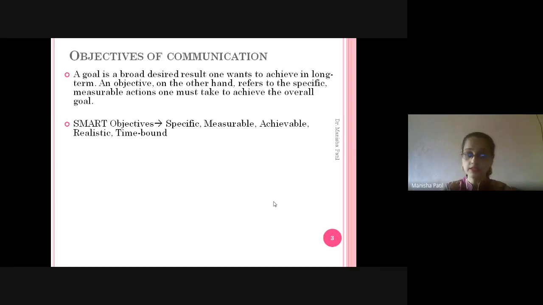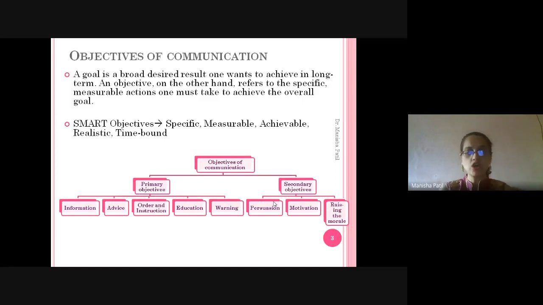Is it real or is it virtual or is it just your imagination? And the last one is time bound. How much time you are going to take to achieve those objectives? So when you are framing your objectives, you have to be specific, measurable, achievable, realistic, and time bound. In short, SMART objectives.